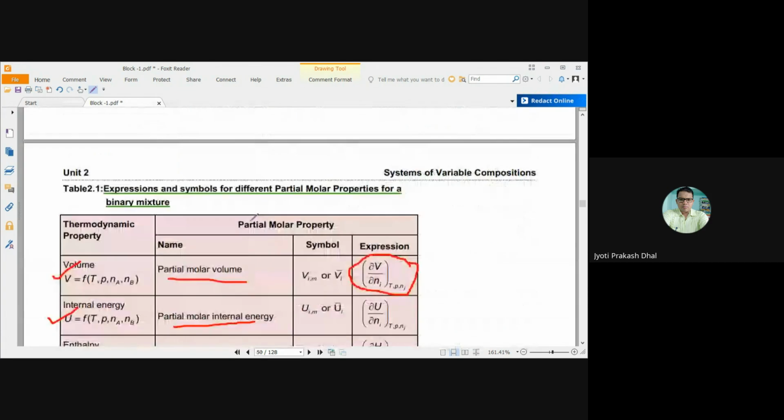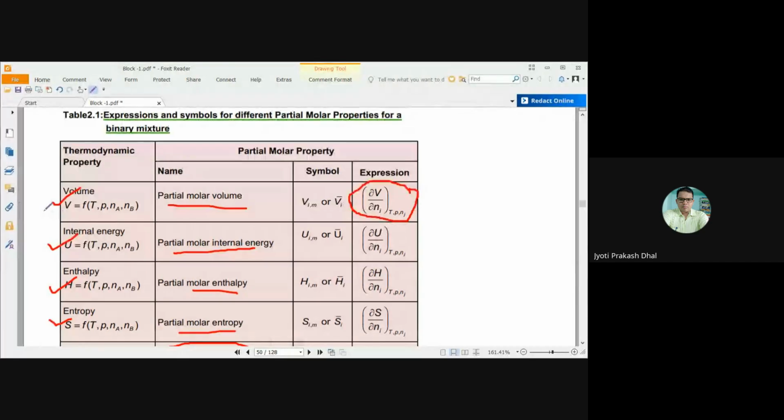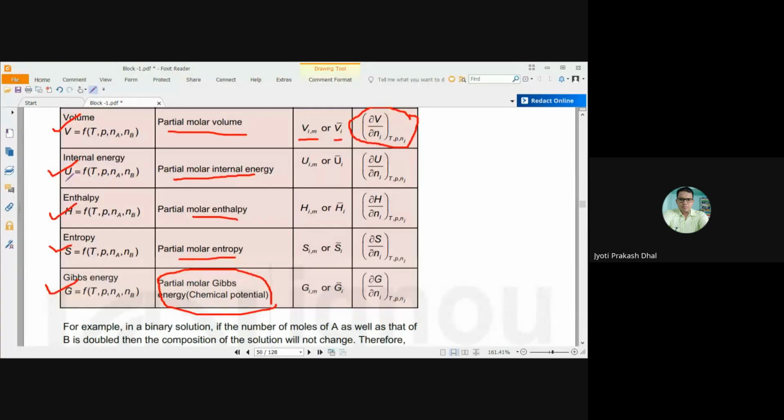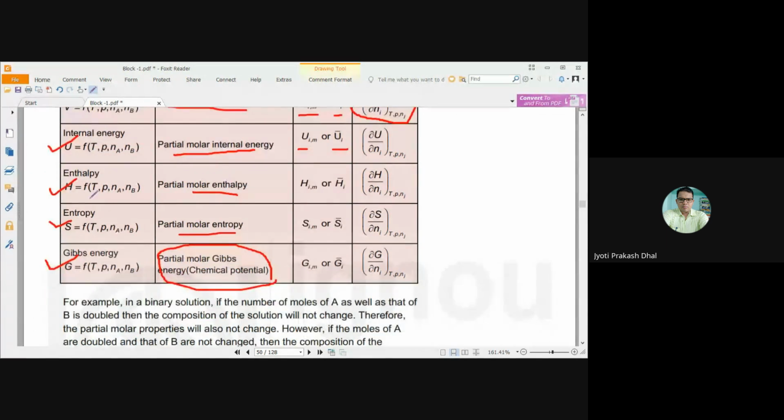If you use volume, that can be represented as V_iM or V_i bar, called partial molar volume. Internal energy is U_iM or U_i bar, partial molar internal energy. Enthalpy is H_iM or H_i bar, partial molar enthalpy.